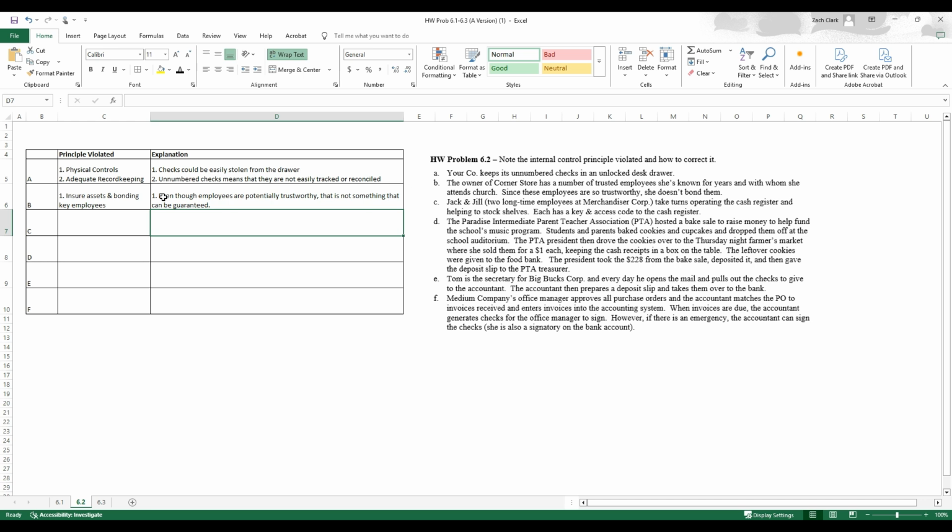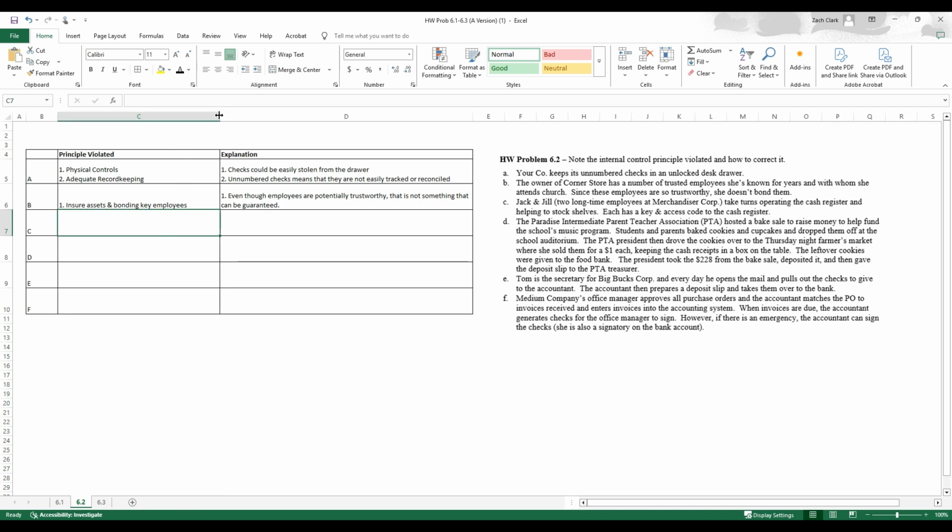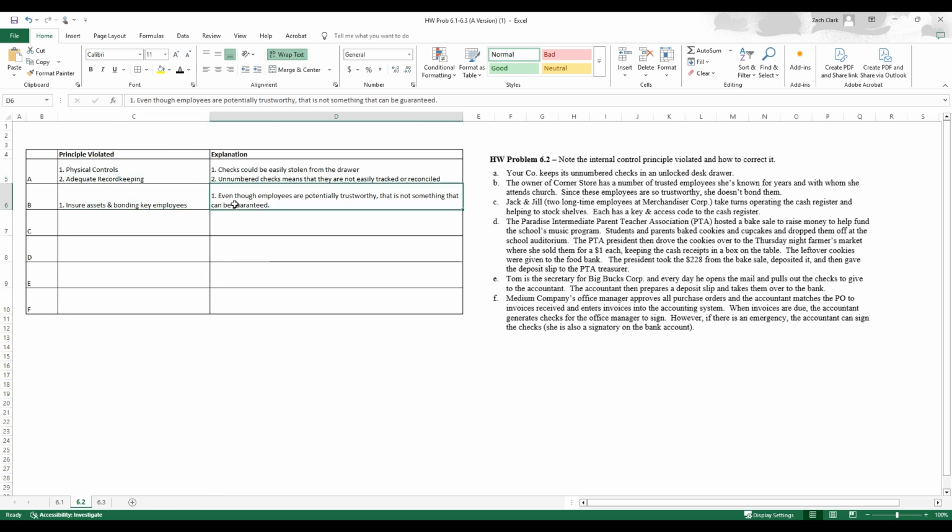So maybe we trust them, but we should still go through the process of having insurance, etc., as needed in case we're making an incorrect assessment about their trustworthiness. And I'm just going to pull that over so we don't have to wrap text as much. Maybe that's just me, but okay.